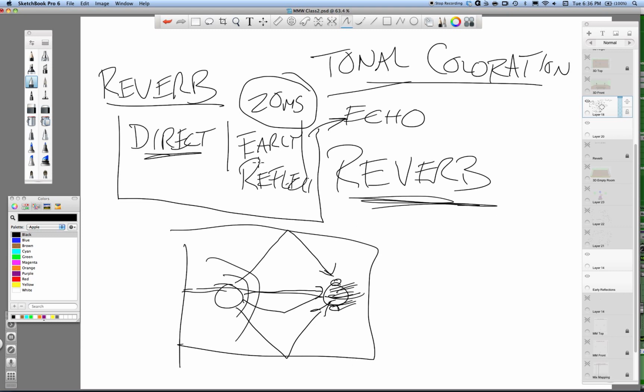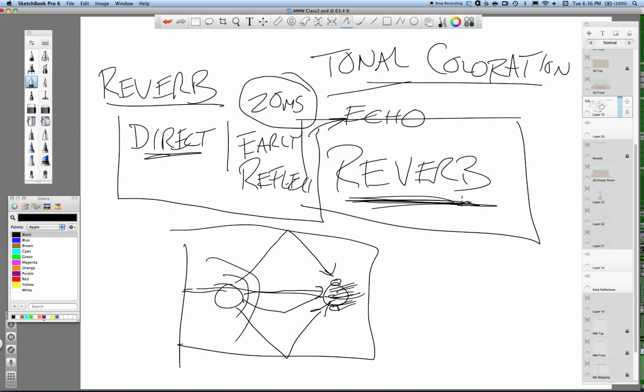So when these reflections become so densely packed and they get beyond 20 milliseconds, they become a separate entity that you hear independent, and that's reverb. So the effect of all this is that the direct sound is just the direct sound. The early reflections determine the size of the space that it's in, and the reverb determines how reflective the space is and how that colors the sound.